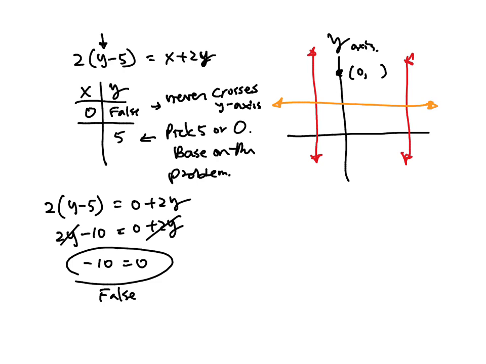If you have a line that's diagonal, you will still cross the y-axis. So the only way that when x equals 0, y is false, is if it's a vertical line.